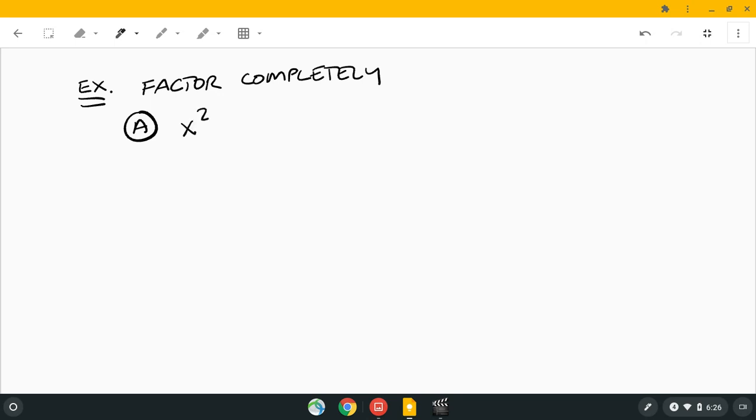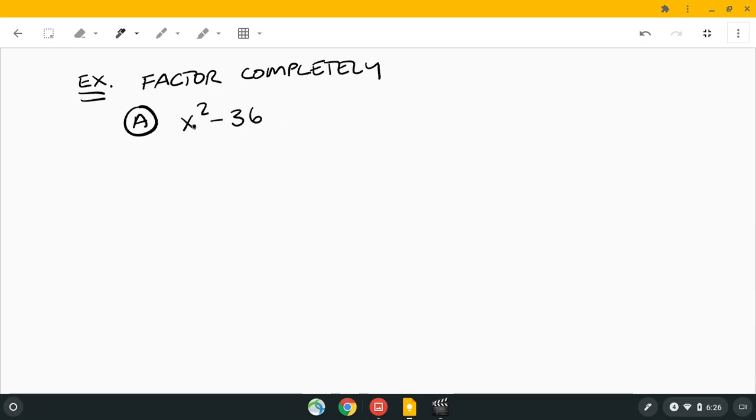Okay, so let's take a look at this one. x squared minus 36. Clearly both of these are squares, right? So first identify what's being squared here and what is being squared here. Over here, x is being squared. Here, 6 is being squared. Those are going to be the terms that we use.